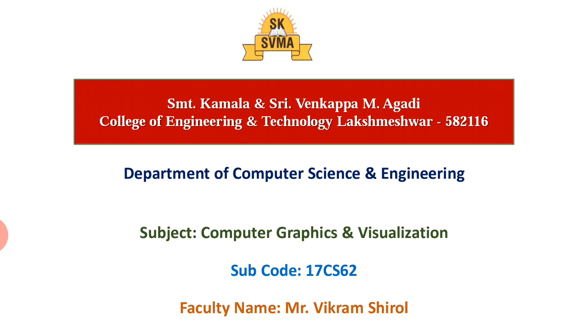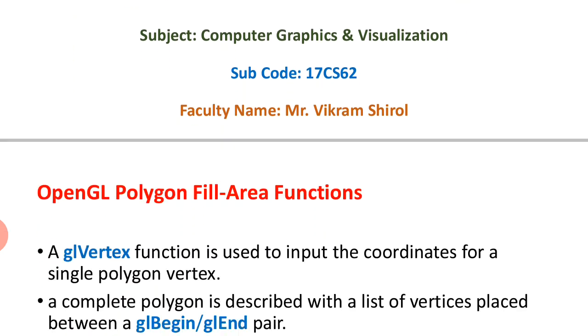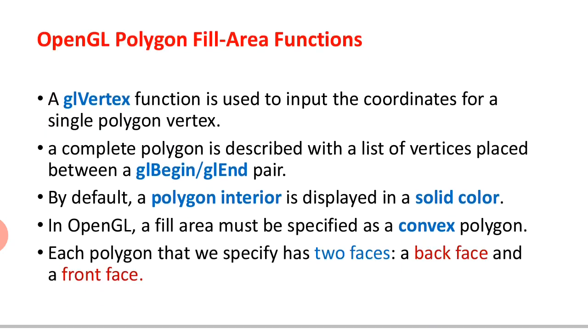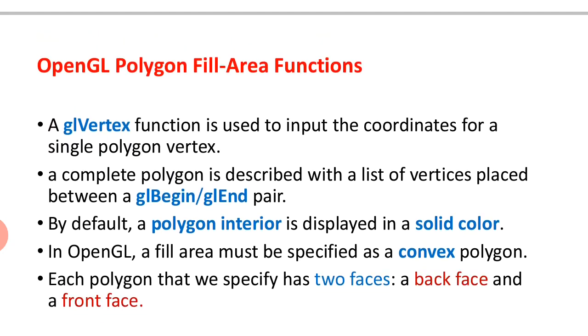So, today's topic that we are going to cover is OpenGL polygon fill area functions. As the name itself indicates, today we will be discussing the variety of OpenGL primitives, that is symbolic constants, which are available to draw the polygon.